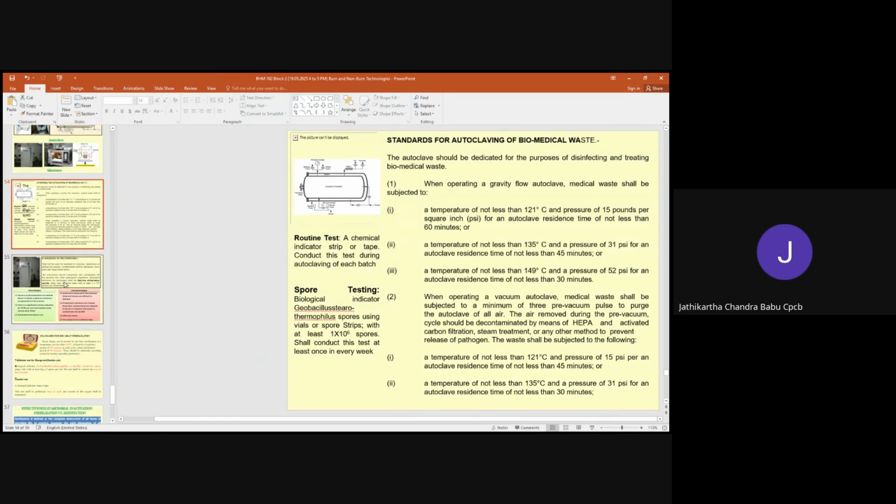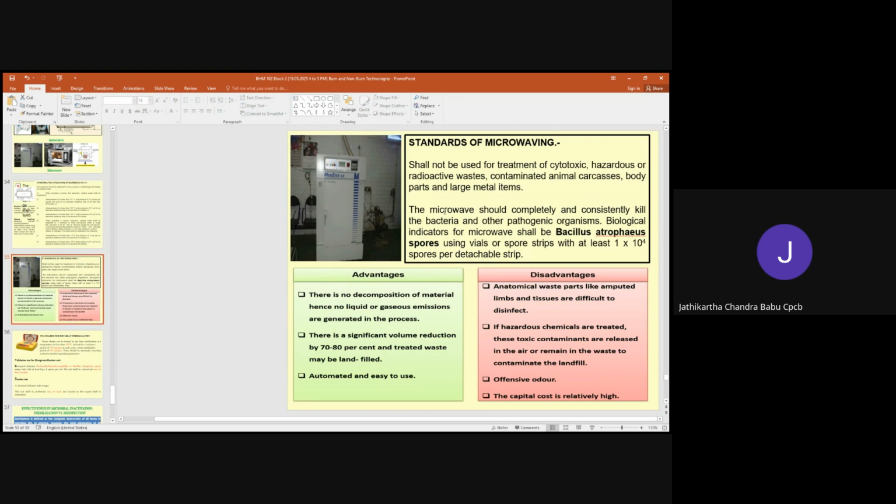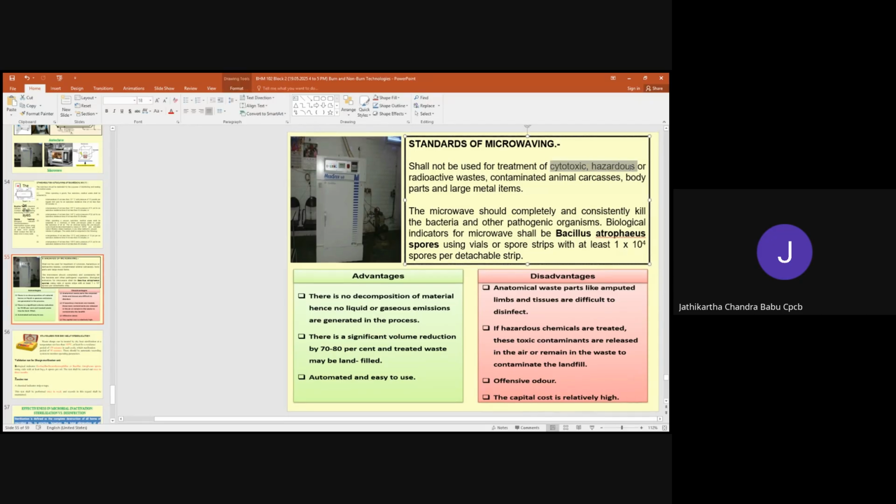This was all discussed last week, and we also discussed the microwave, where the mode of treatment of waste is using microwaves. A microwave cannot be used for treatment of all sorts of waste. Waste like cytotoxic, hazardous, and radioactive waste cannot be treated by microwave.